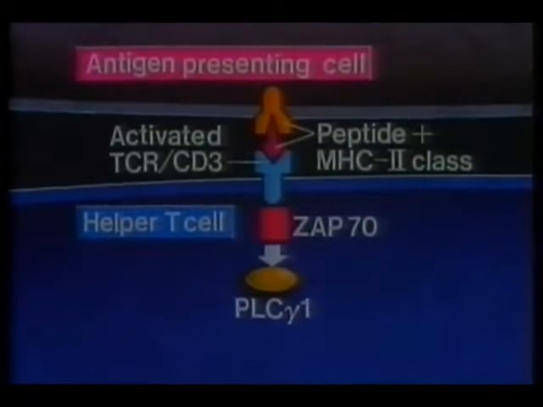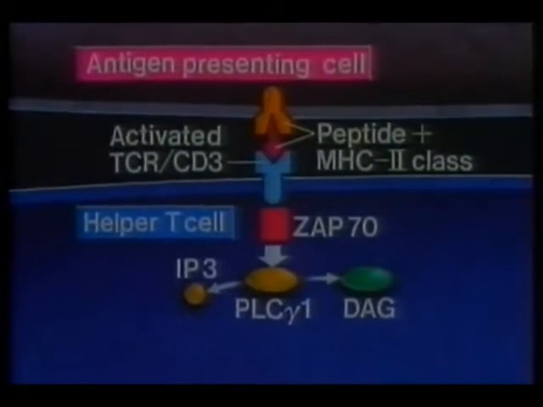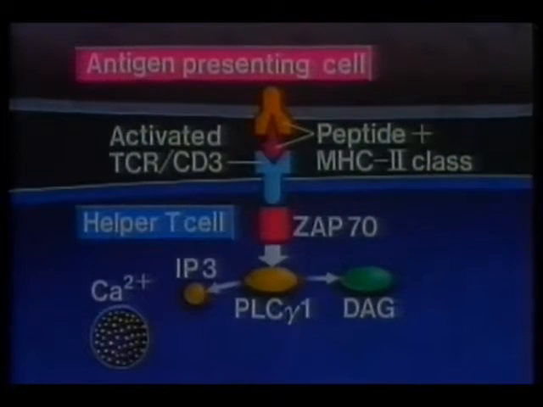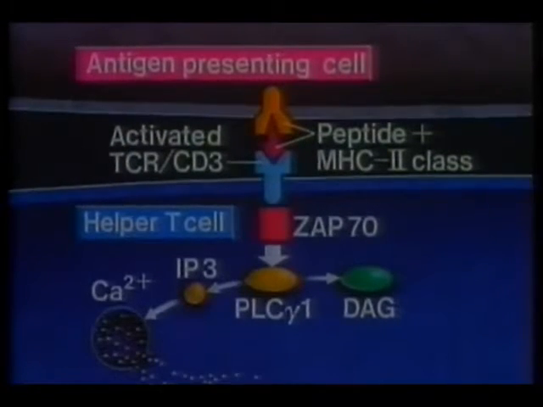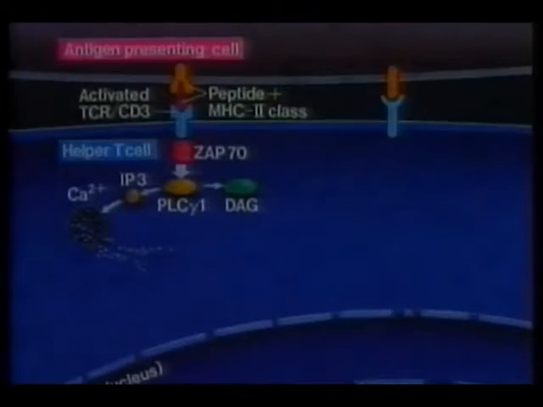The activated PLC-gamma-1 produces inositol triphosphate, IP3, and diacylglycerol, DAG. IP3 causes calcium to be released from the calcium pool within the cell. This calcium activates calcineurin.